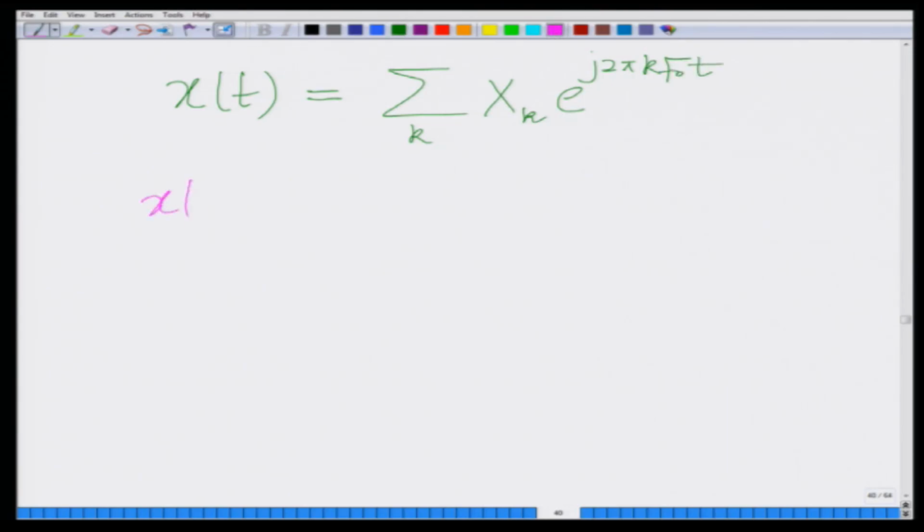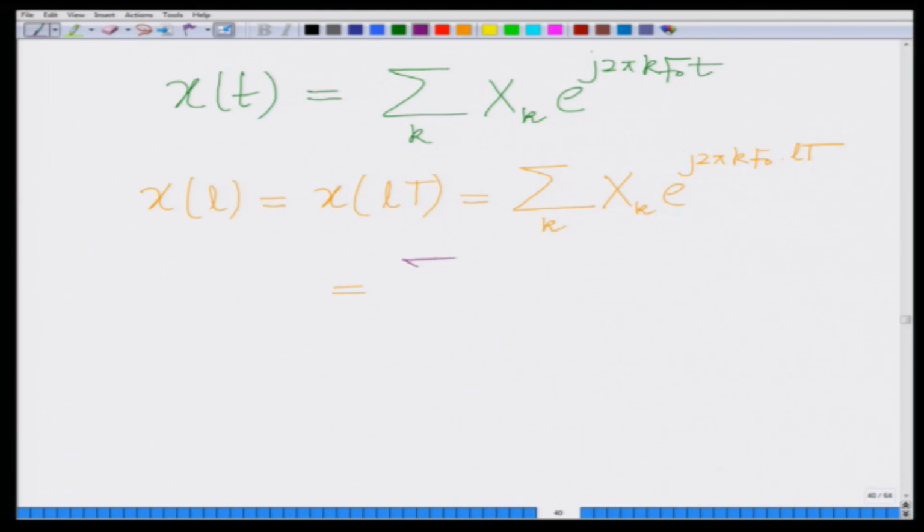The Lth sample is x L, which is equal to x of L T, which is equal to summation over k of x k e to the power of j 2 pi k f naught, where instead of t, I have to substitute L times capital T, the time for the Lth sample.